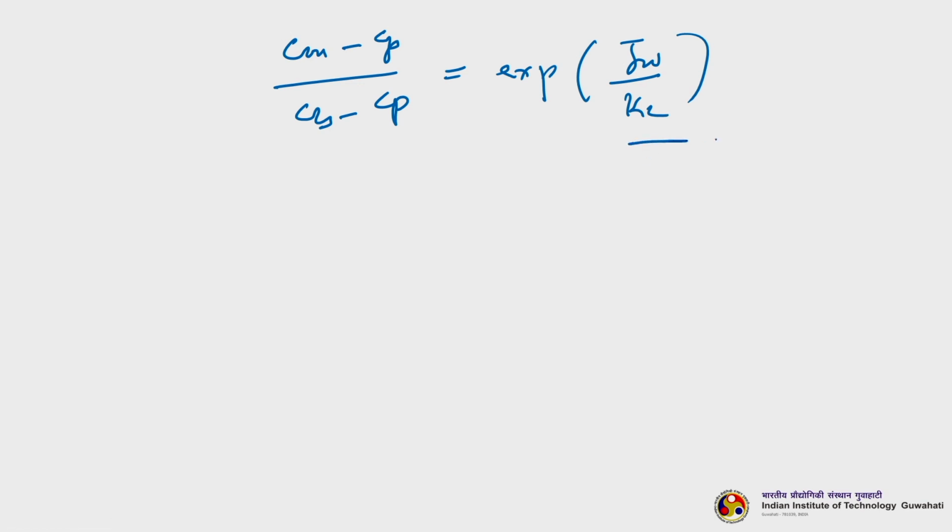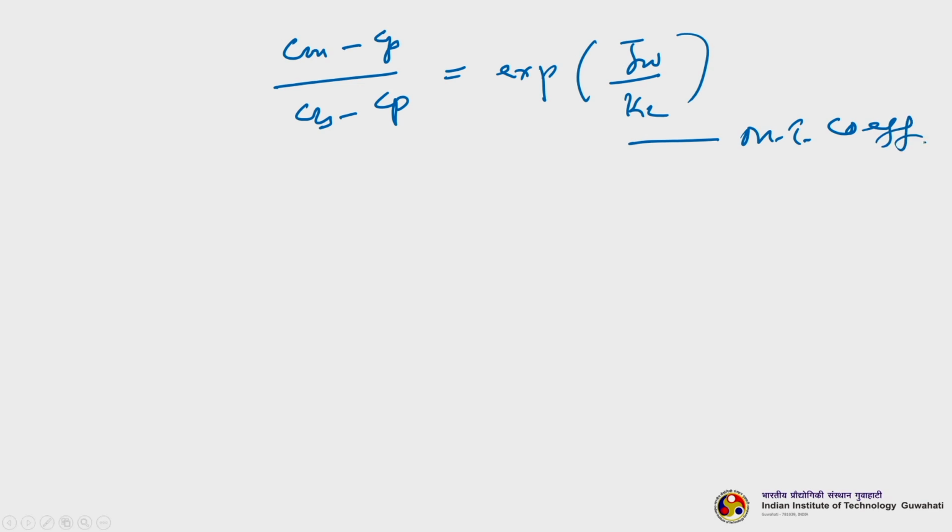Next, we have been asked to calculate the mass transfer coefficient. To calculate the feed side mass transfer coefficient, you can use the equation Cm minus Cp divided by Cb minus Cp equals exponential to the power of Jw by Kl. This Kl is your mass transfer coefficient.